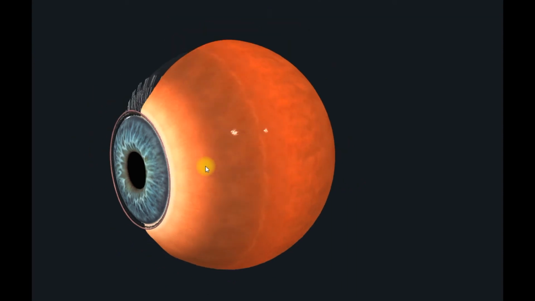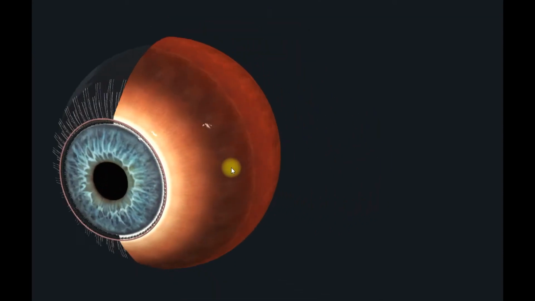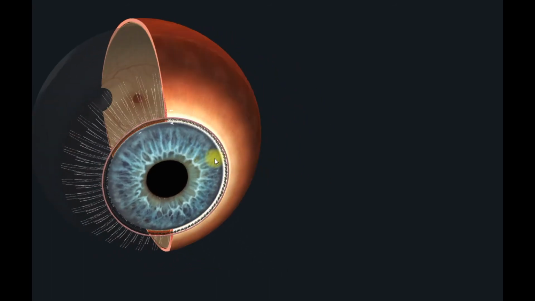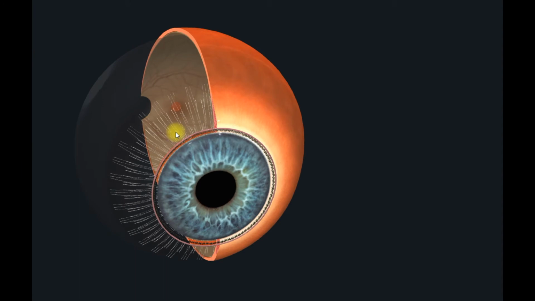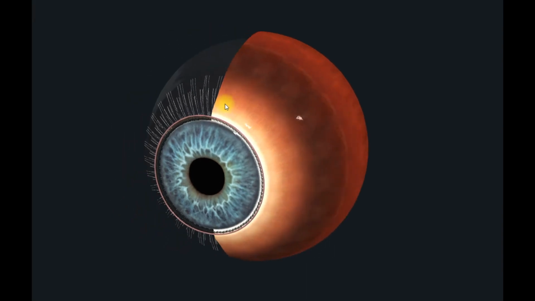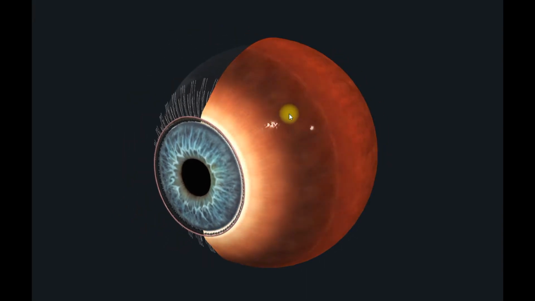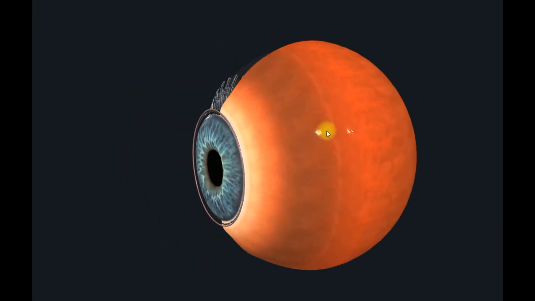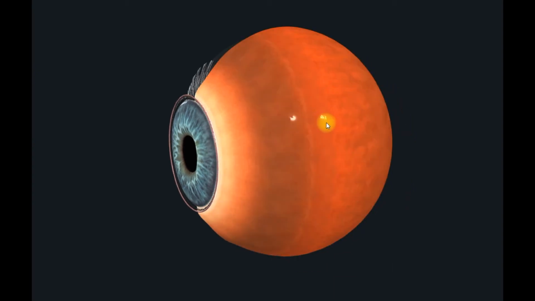Anatomical relations. The choroid is located between the fibrous sclera and the inner retina. It extends from the optic nerve posteriorly, where it's continuous with the internal sheath of the optic nerve, formed from the pia or arachnoid mater. Here the choroid is firmly attached to the sclera, however elsewhere it may only be loosely attached.